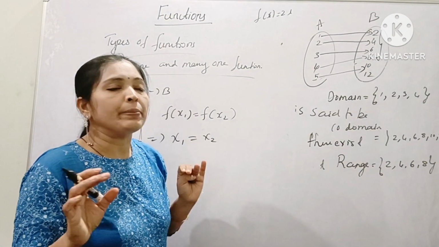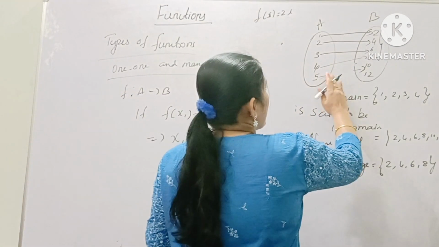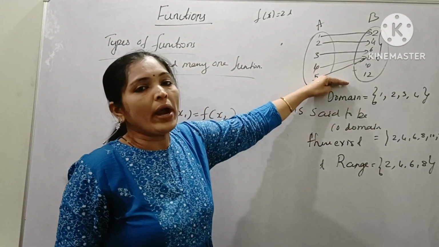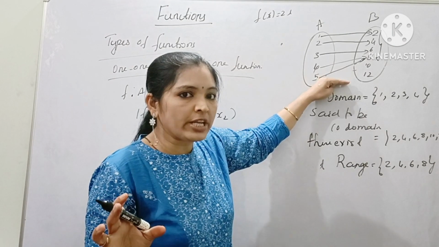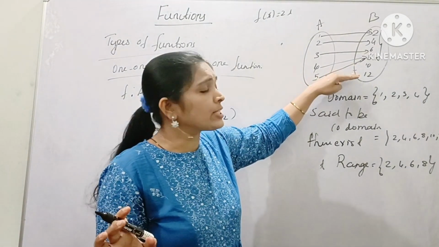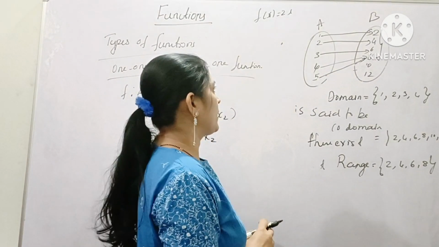Otherwise it is called many-one. As I mentioned before, 5 to 8 is not one-one, it is called many-one.